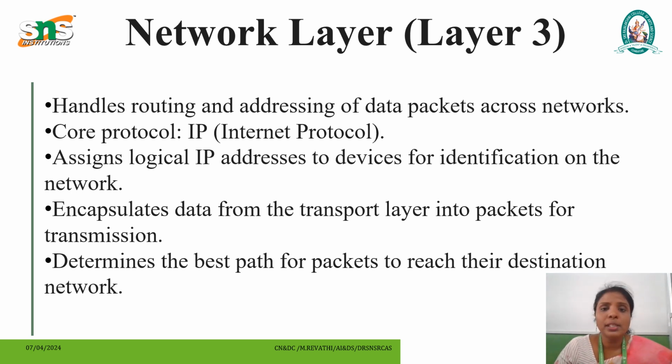It then encapsulates the data received from the transport layer into packets, including header information like source and destination IP addresses. The network layer also plays a vital role in determining the most efficient route for these packets to travel across networks, ensuring that they reach the intended network destination.